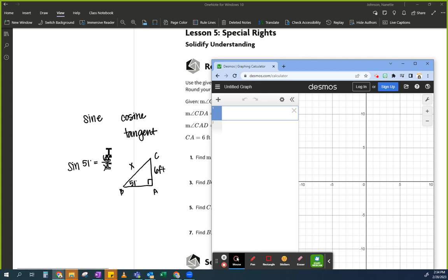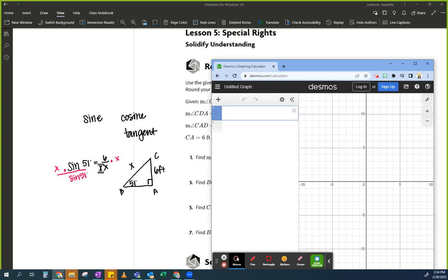All right, so when we're solving this equation, the first thing that I'm going to do is these steps at the same exact time. I'm going to multiply by x and divide by sine 51. And some of you are like, Ms. Johnson, you could do that at the same time.